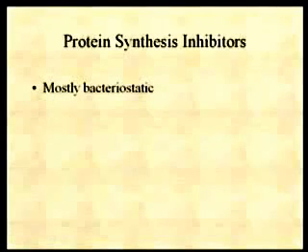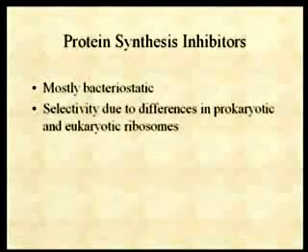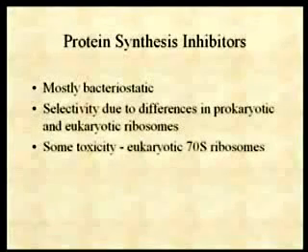As far as the protein synthesis inhibitors are concerned, they are mostly bacteriostatic antibiotics. There's actually one exception to that, and that is the aminoglycosides. Other than aminoglycosides, all the protein synthesis inhibitors are bacteriostatic. Of course, the basis of selectivity is the differences between our ribosomes and bacterial ribosomes.